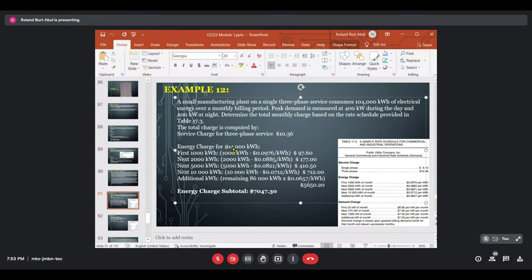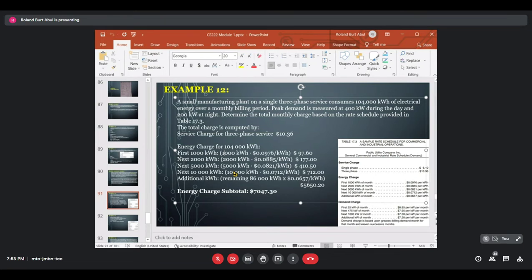You will see later how painful it is when you get hit with a big demand. So, example 12: a small manufacturing plant on a single three-phase service consumes 104 kilowatt hours of electrical energy over a monthly billing period.